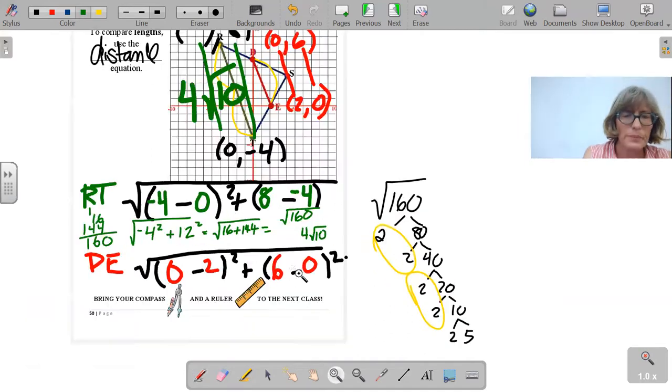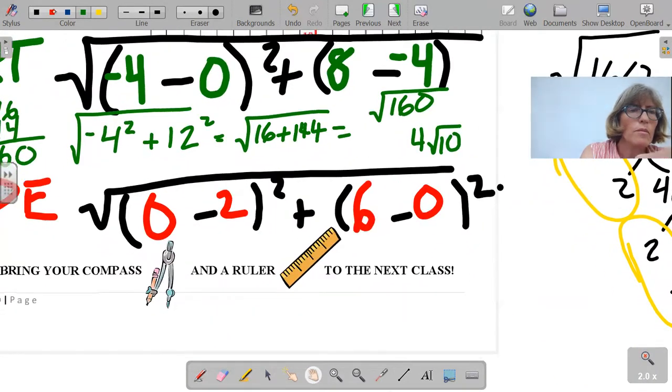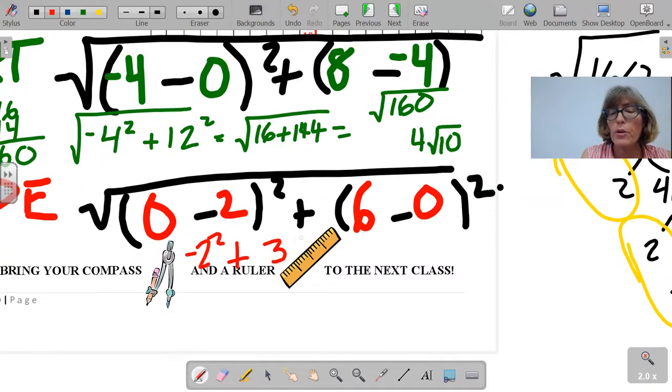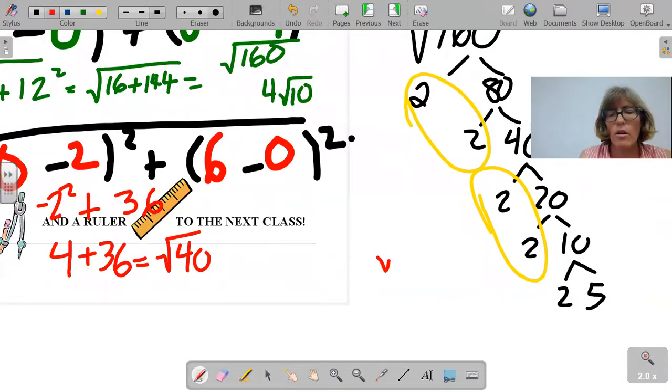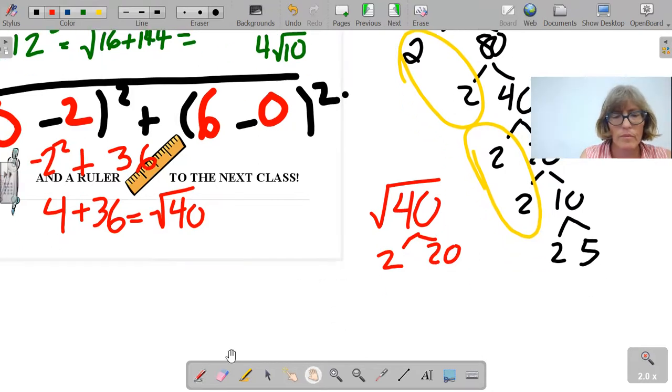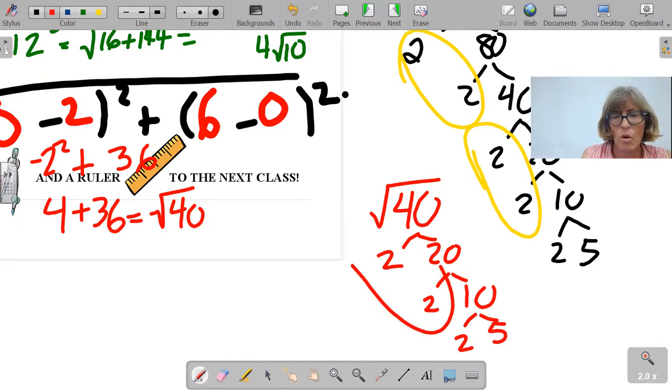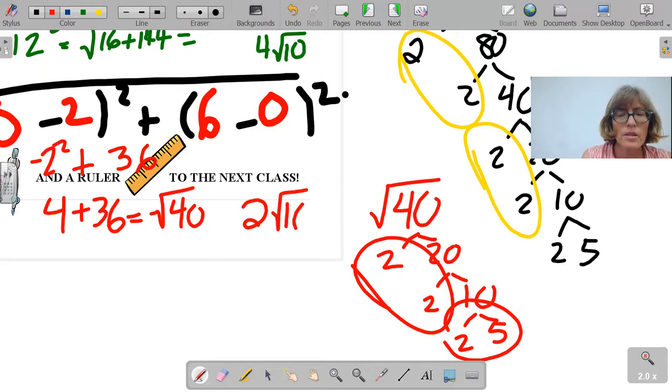Now let's try this one. This ends up being negative 2 squared plus 6 squared. So that's 4 plus 36. That's square root of 40. And you're like, that doesn't look like it's double, so that's why we are going to factor it in the margin. One pair of 2 comes out, 2. 2 and 5 stays in, 10.